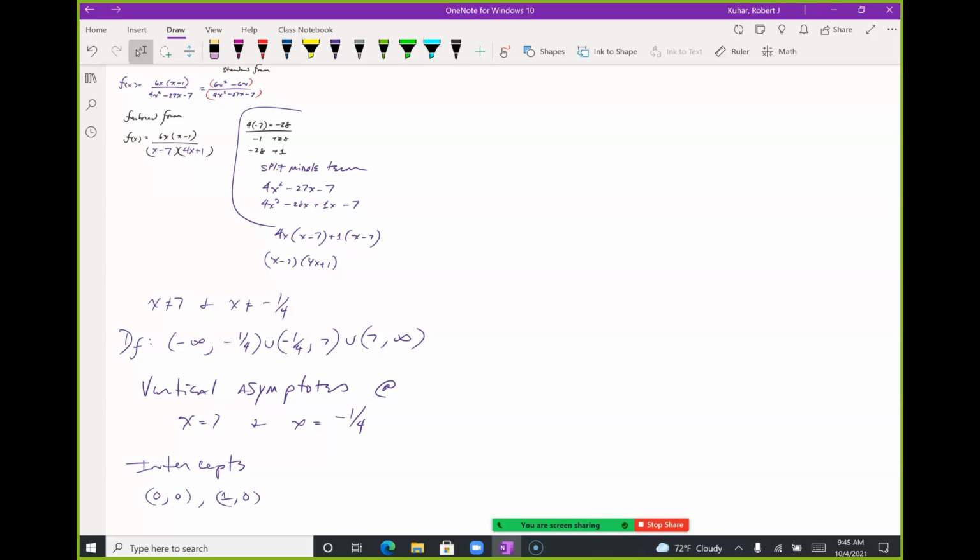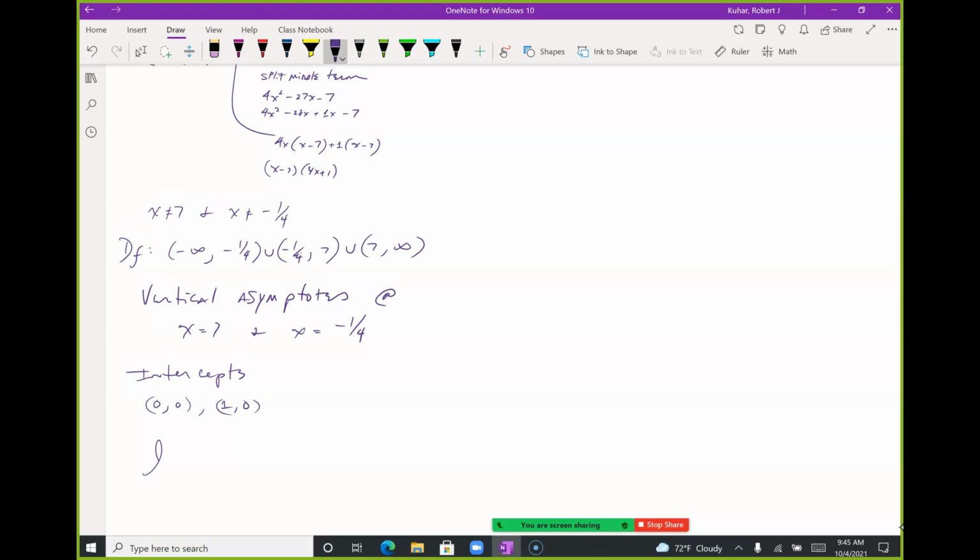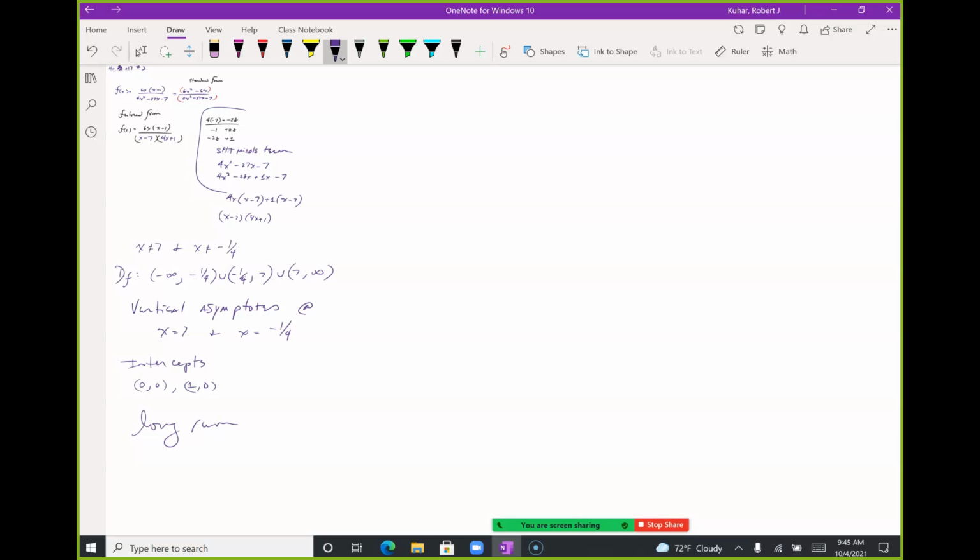What's my long run behavior? And I want to use my standard form. So f of x equals 6x squared minus 6x over 4x squared minus 27x minus 7.